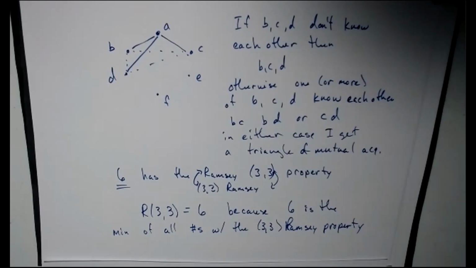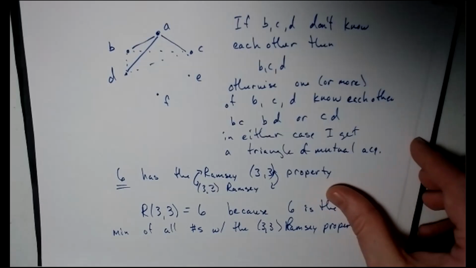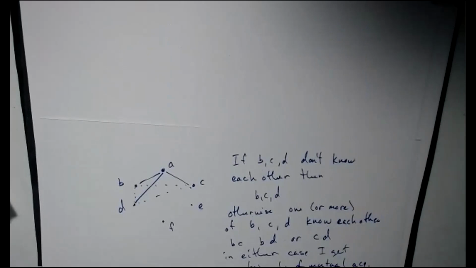And so the other side of that is we have to show that 6 is not too big, right? That 5 doesn't work. And so how would we show that 5 doesn't work? Let me spell out the definition a little bit better.